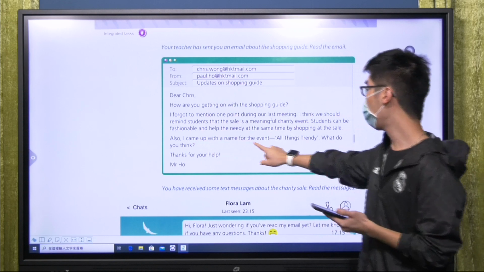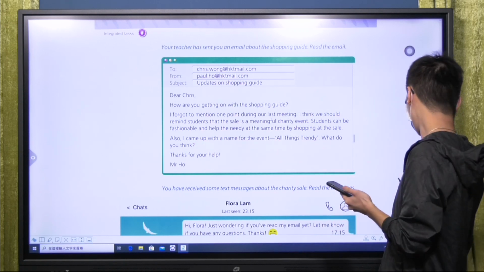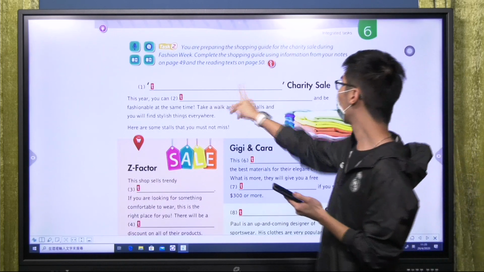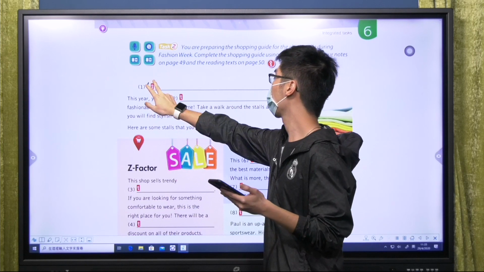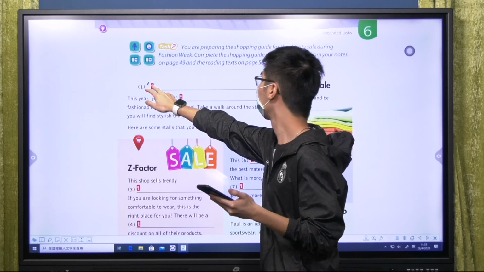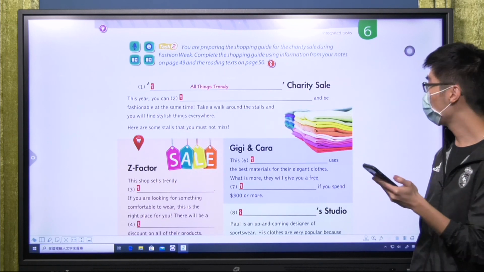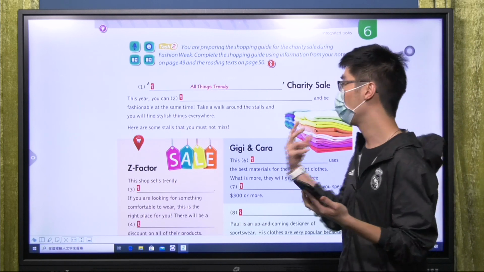I came up with the name: All Things Trendy. So here, what kind of charity sale is the name? You simply just write that down. All Things Trendy, it's easy. Just copy your answer from the data file.